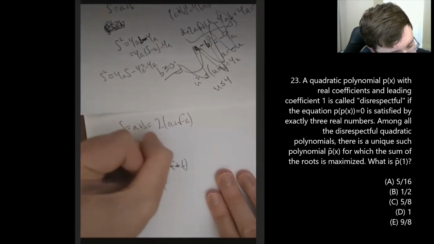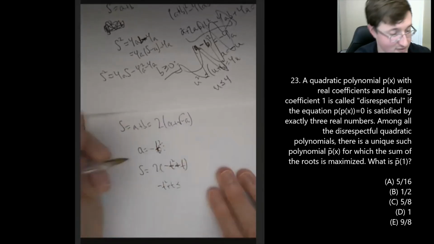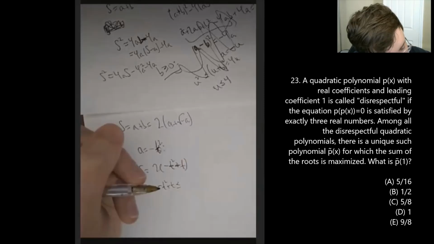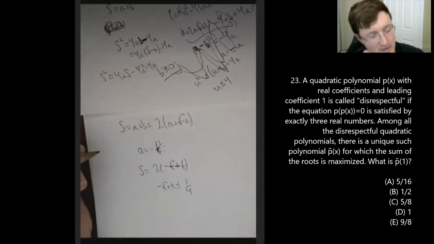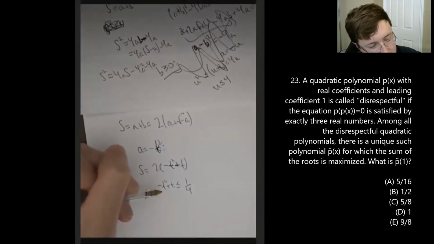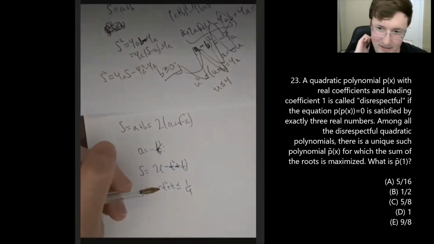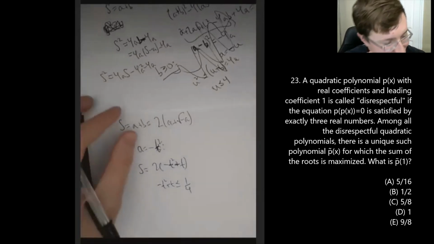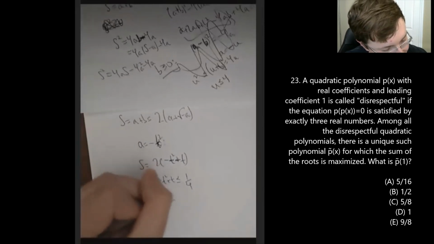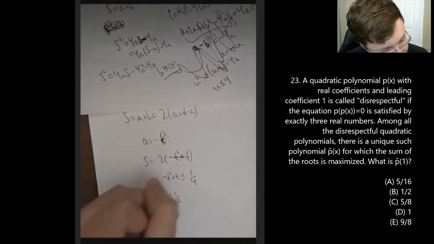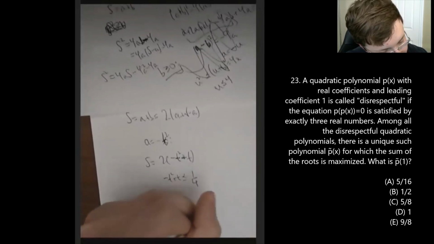And minus t squared plus t is less than or equal to a quarter when t is a half. That's where the vertex is. Okay. So s is less than or equal to a half. Okay. So a equals minus a quarter, b equals 5 quarters.